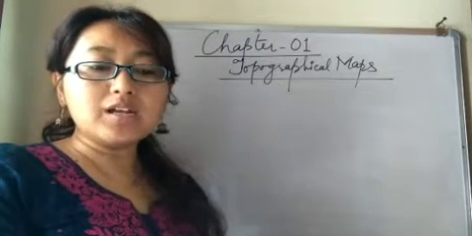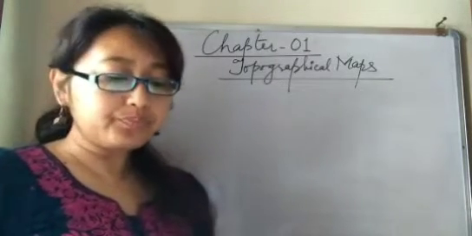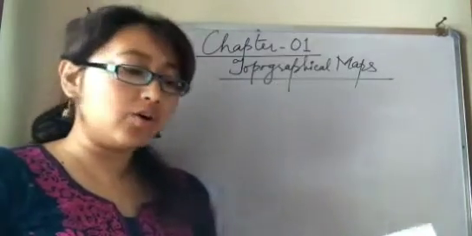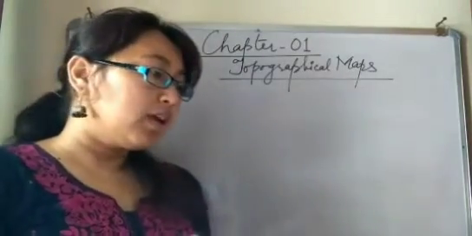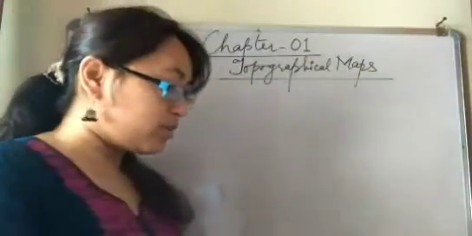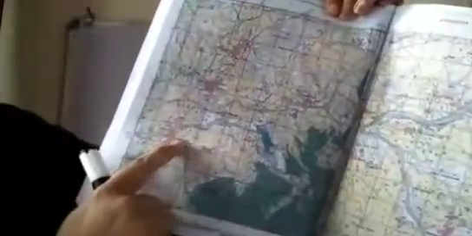Number 1, Moti Talao near Gulabganj. So turn to your appendix number 3. This is Gulabganj here, settlement. Moti Talao is here. You need to find out the 4-figure grid reference of this Moti Talao.